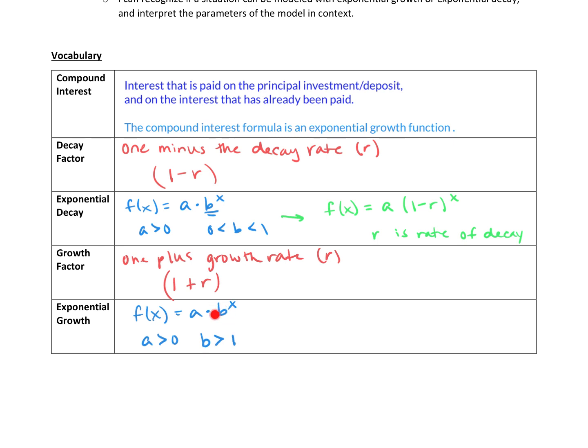So if this b value right here, the one with the exponent, is greater than 1, then this is an exponential growth, and we can write a more specific function for the growth. So f of x equals a times 1 plus r raised to the x power, and r is the rate of growth.